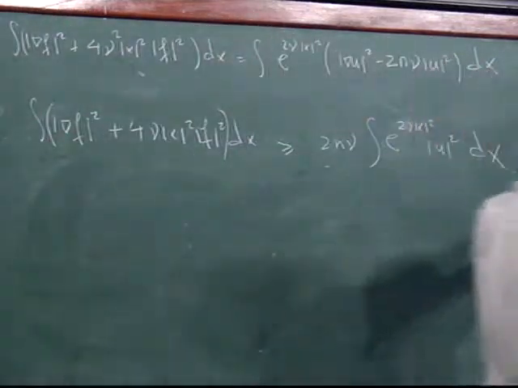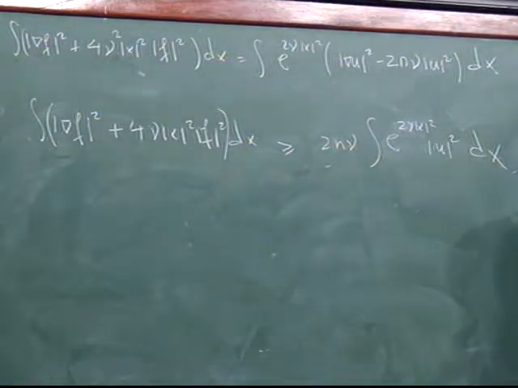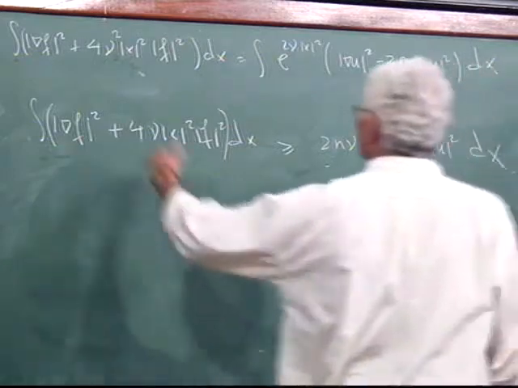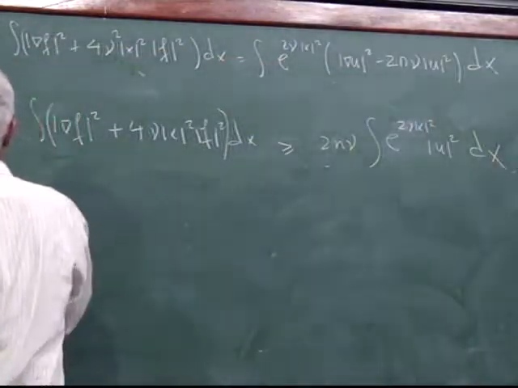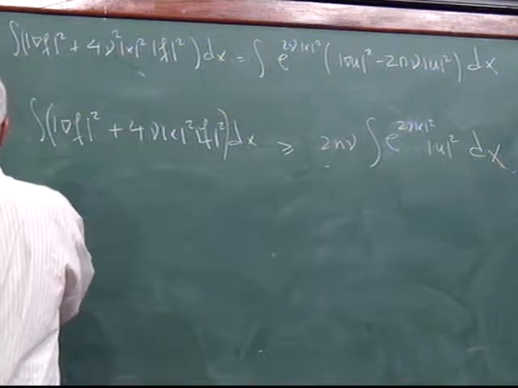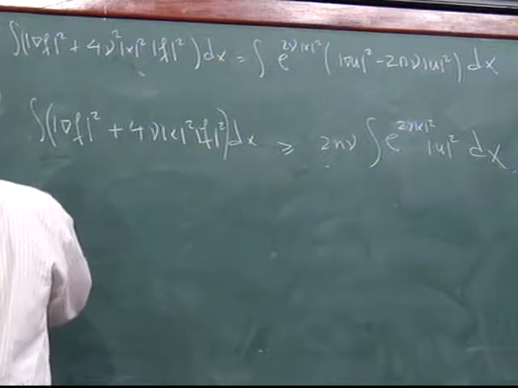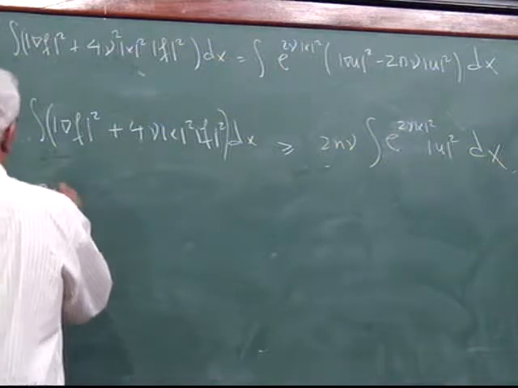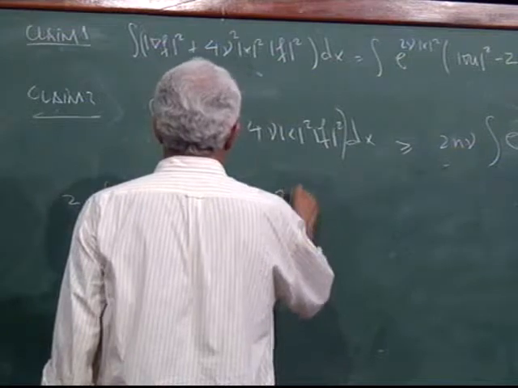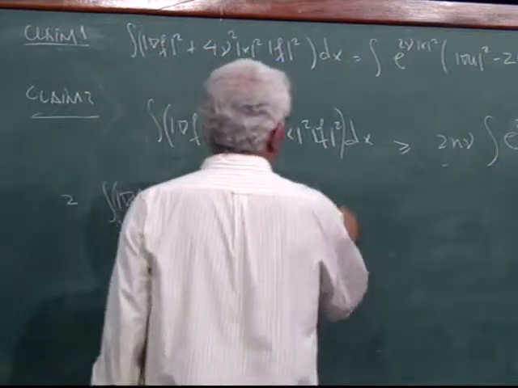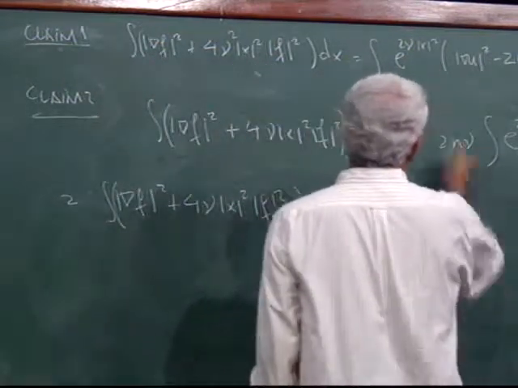This is what you proved. I translate this into F equal to this. This is what we just proved at the beginning. Then if you add both of them, you have twice this business here. The X is larger or equal to this one.